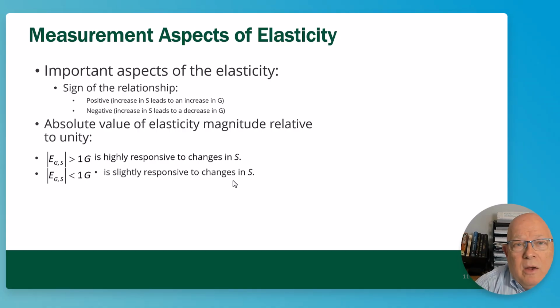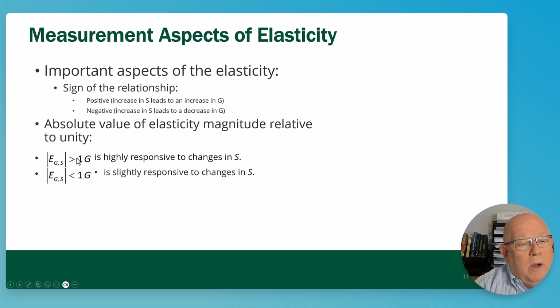So a couple of things to know that are important. One is the sign of the relationship. So if it's a positive elasticity, that means an increase in S leads to an increase in G, or whatever other variables we're using. If it's negative, then an increase in S leads to a decrease in G, which is not the case in this particular example.